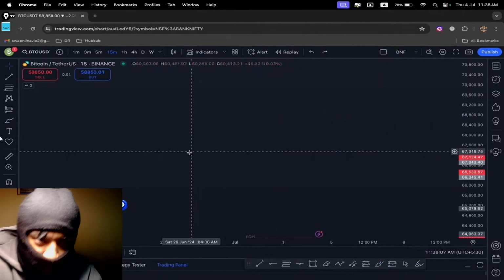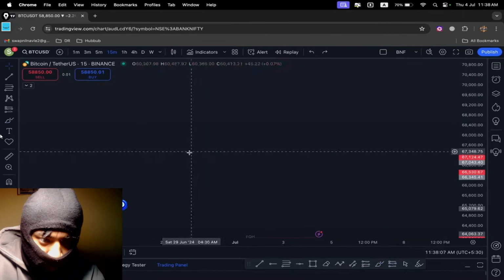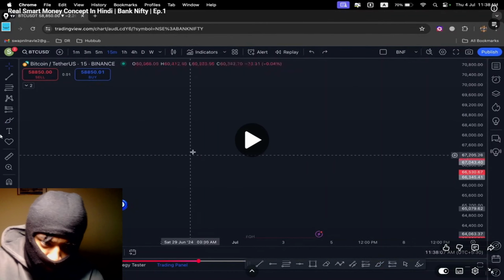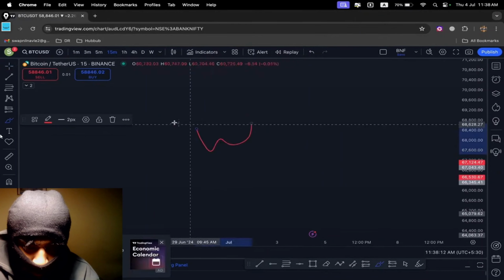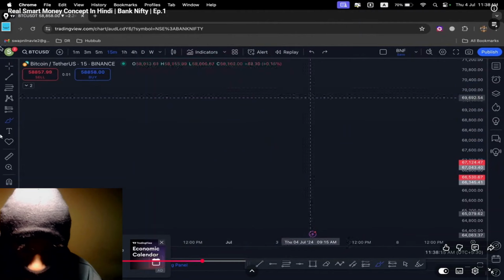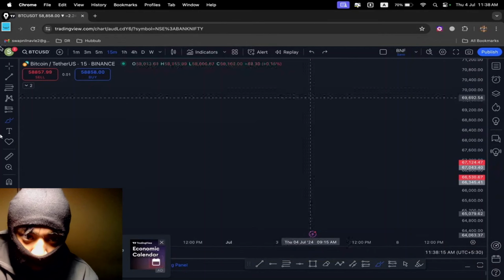And what the institutional traders do is that they make this chart pattern work, so the retail trader still believes in this. So 2 out of 10 or 1 out of 10, it works because they want you to believe that it still works, and you put a trade against that, so they can manipulate and liquidate you.